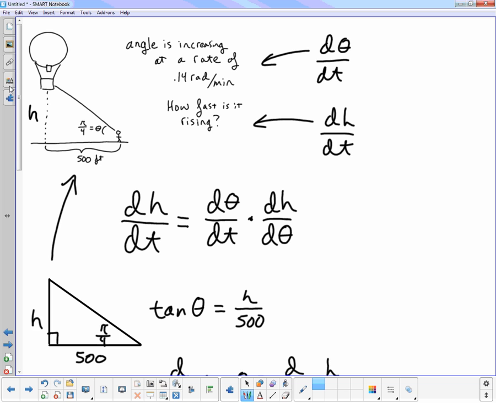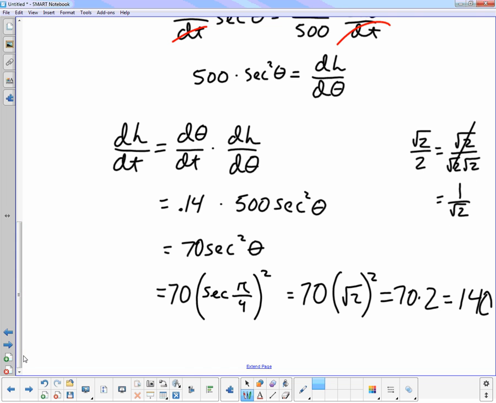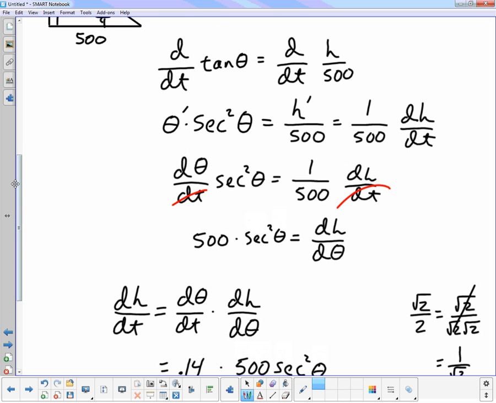The change in angle right now is 0.14. But the relationship about how the angle changes with respect to time is a function. So right here, d theta/dt, when I take this function and I get theta, this is a relationship.